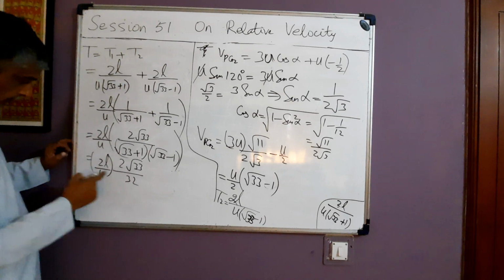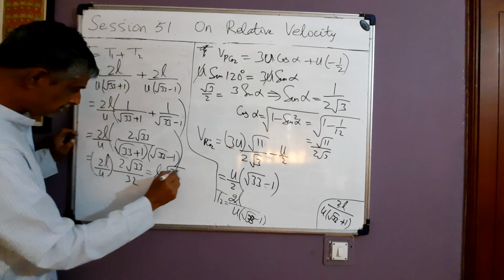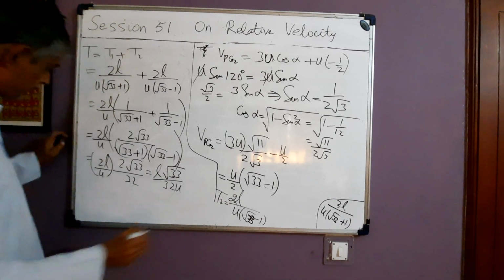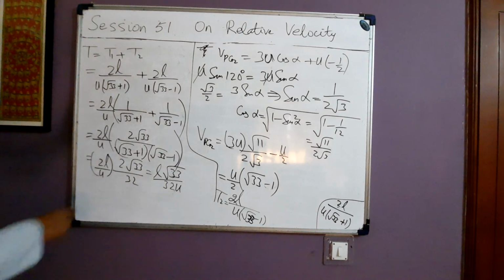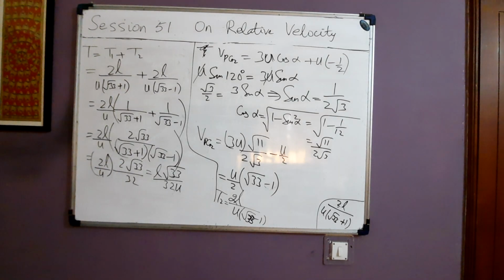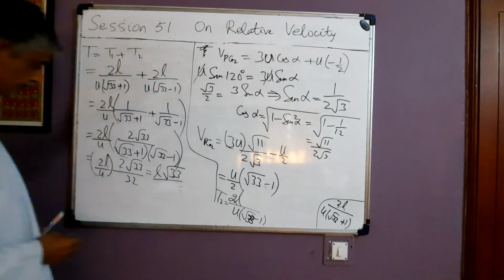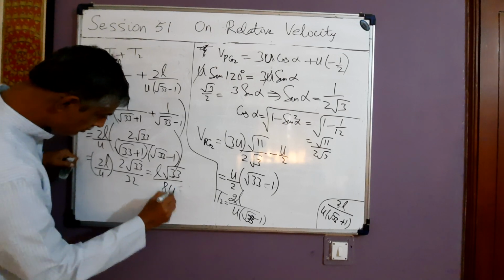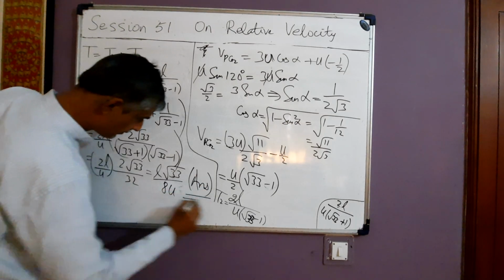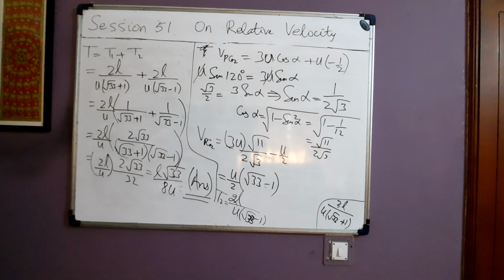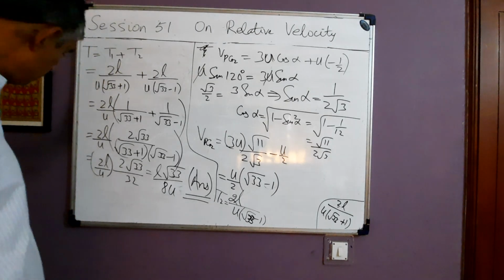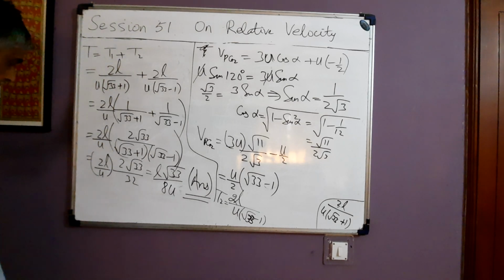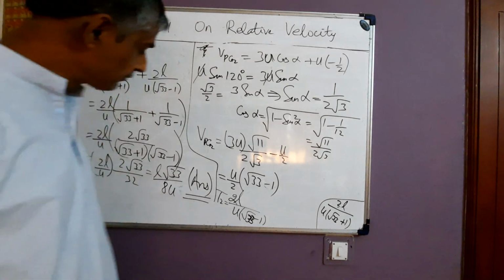So 2 and 32 cancel out. So L root 33 by 16u is the required answer. Alright. So the total time for the complete journey is L root 33 by 16u. This is the required time for the plane for the complete journey.